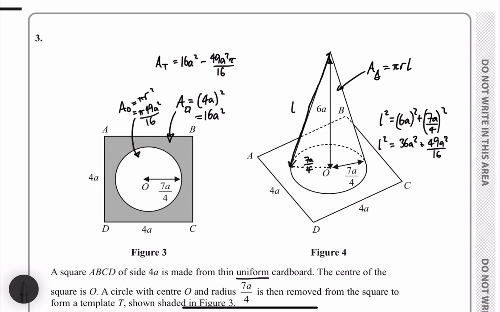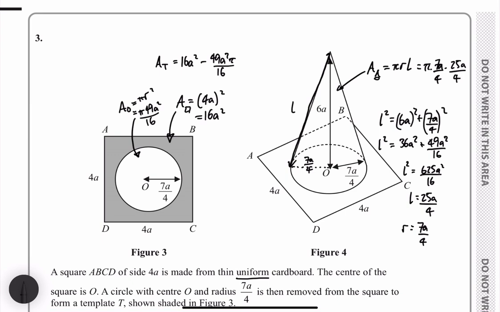And that, thankfully, is made up of perfect squares. We've got 625a squared over 16. So L is 25a over 4. So pi RL, remembering that we also know R here is 7a over 4, is pi times 7a over 4 times L, 25a over 4.